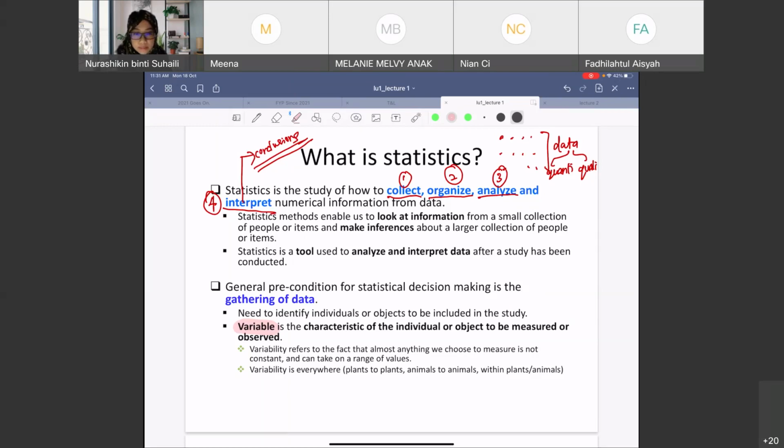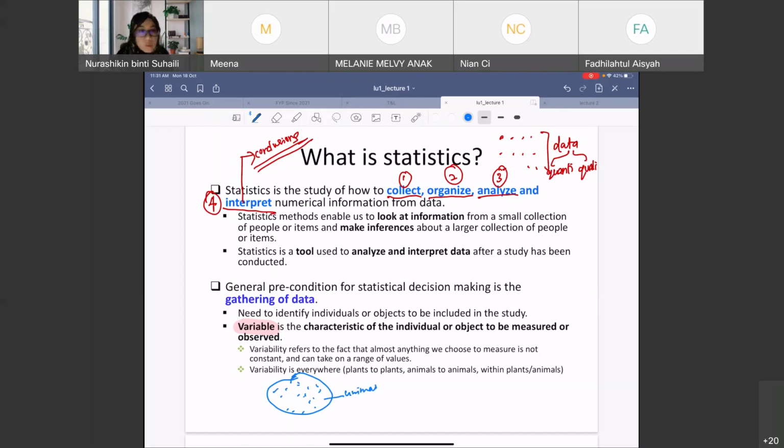For example, you want to analyze the distribution of height among students at UNIMAS. The things you want to measure, the sample, are the students at UNIMAS.